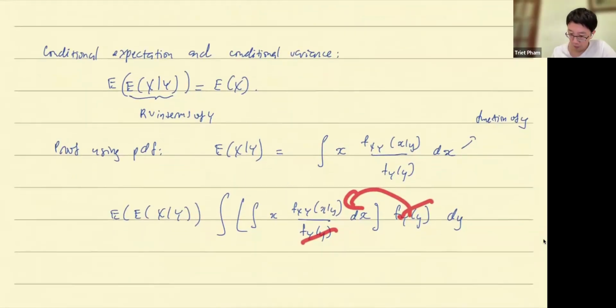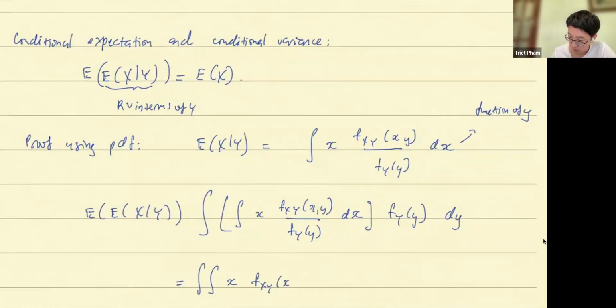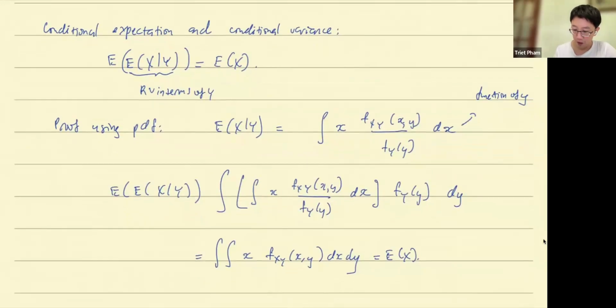Then the integral really will be the double integral of x times f of x, y, and it's not x given y, it's just x, y, dx dy. And this is exactly just the expression of the expectation of x. Okay. So that's the proof of why the law of double expectation works.